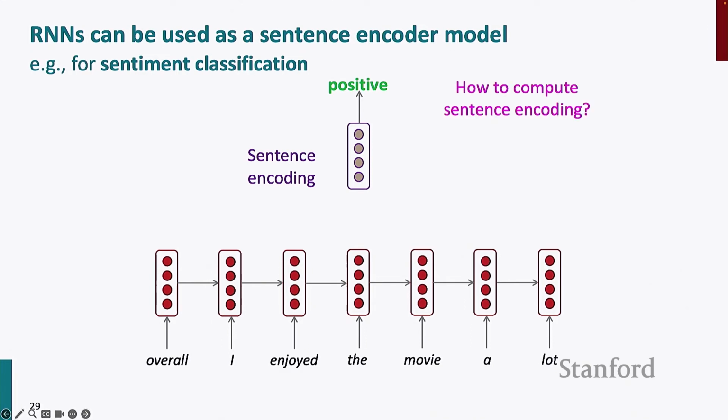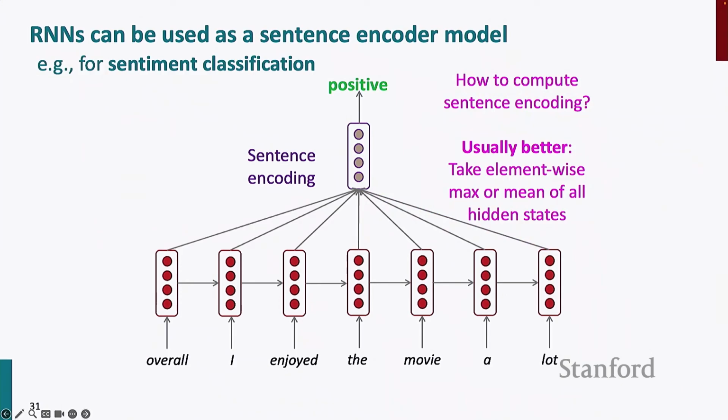The simplest way of doing that is to use the final hidden state, because after all, that final hidden state is the hidden state you've gotten from having seen the entire sentence, and then have a classification layer, a logistic regression, on top of that to give you positive or negative. In practice, though, people have found it's often better to use every hidden state and take some kind of mean or element-wise max and feed that in as the sentence encoding.